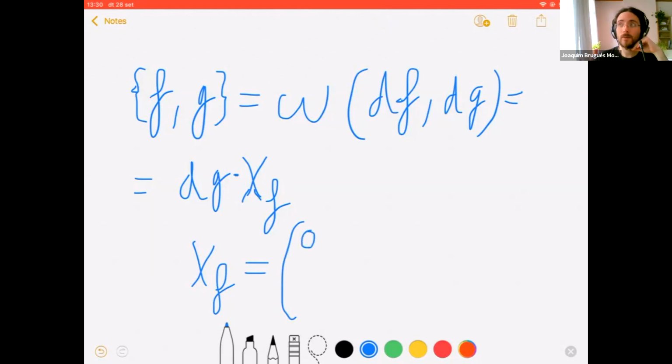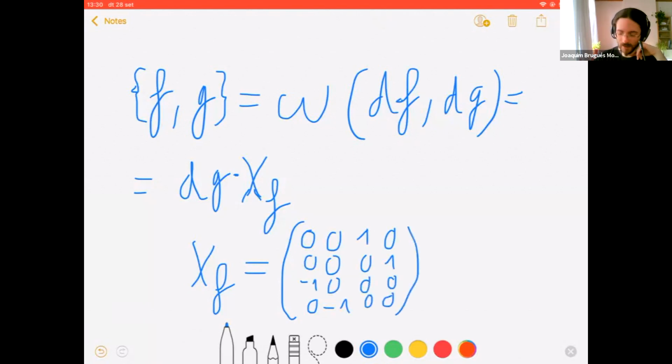Let me think, how would you do it? I think you would pair this way. So you will have this matrix, and here you will have the column vector, in this case of the partial derivatives.